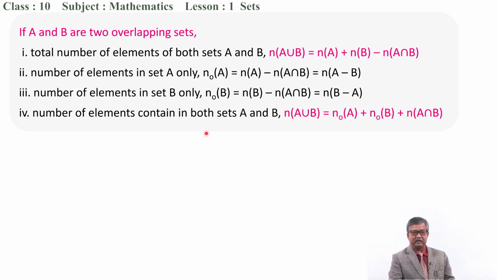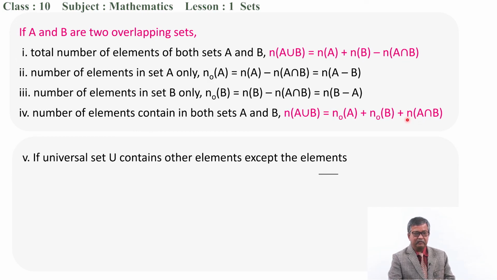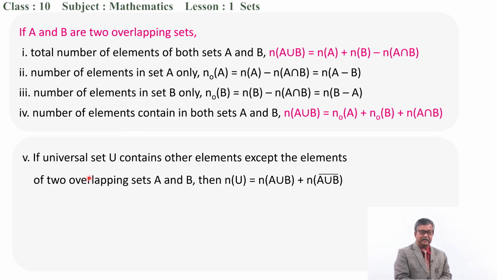The number of elements contained in both sets A and B, that is n(A union B), is equal to n-naught A plus n-naught B plus n(A intersection B). If universal set U contains other elements except the elements of the two overlapping sets A and B, then we can say that n(U) is equal to n(A union B) plus n(A union B complement).